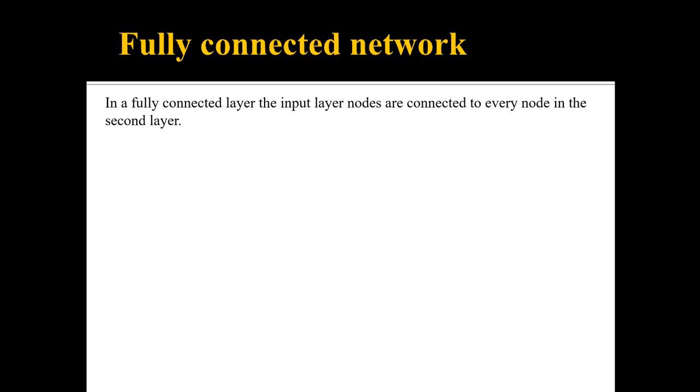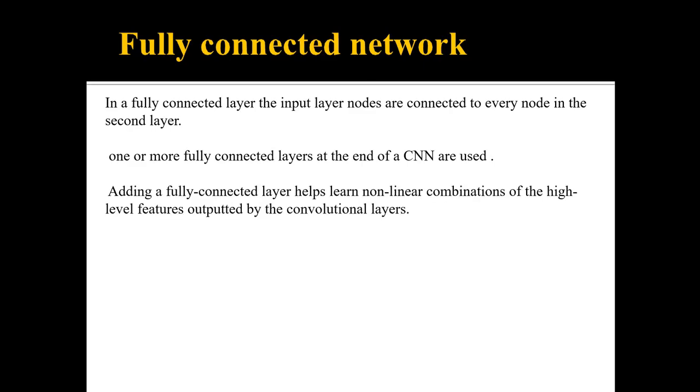So next we have the fully connected layer. In the fully connected layer, the input layer nodes are connected to every node in the second layer, and there will be one or more fully connected layers at the end. Adding a fully connected layer helps to learn non-linear combinations of the high level features outputted by the convolutional layers.